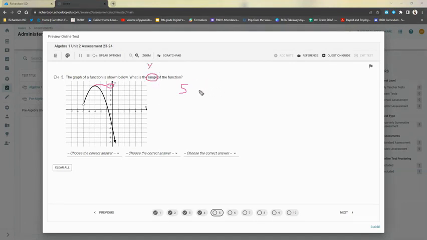All of our y values are going to be less than or equal to 5. Okay, so graph the function shown below the range. They're all going to be less than because it's an arrow. So now I'm going to choose. So range is y. All the y values.